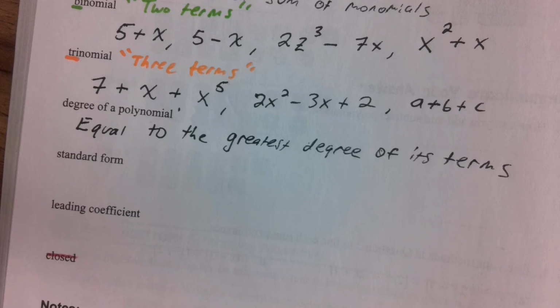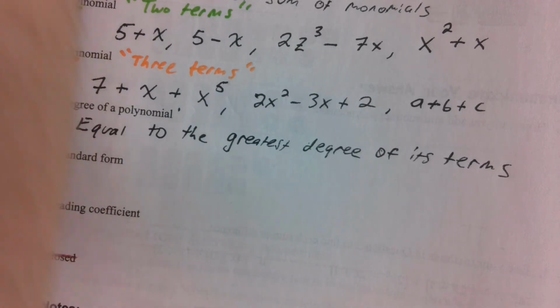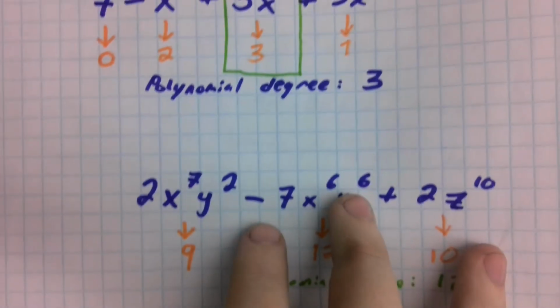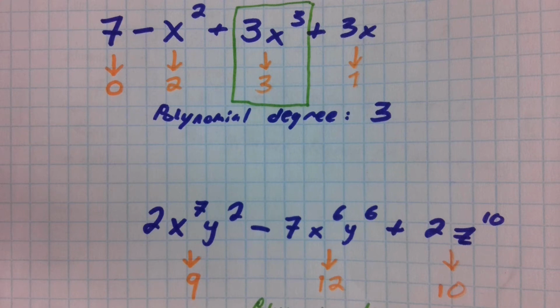Now, having these polynomials is nice, but imagine if we had a really big polynomial stretching on for the entire page. It would be very hard to look at every single monomial inside, find the degree of them, and then pick out which one is the biggest. It'd be a lot of work for us.